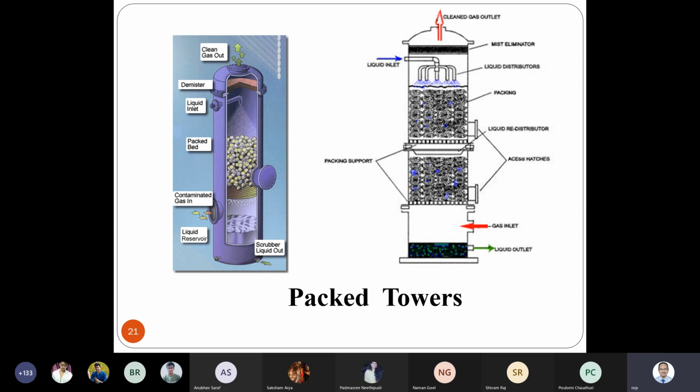But mostly for operational ease, or because of cost, since you have to arrange this large packing, that cost will be involved, so random packing is used. But one thing generally followed for most of these random packings: when it is dumped from the top, there is a chance that some of the packings will be cracked or broken due to the impact.